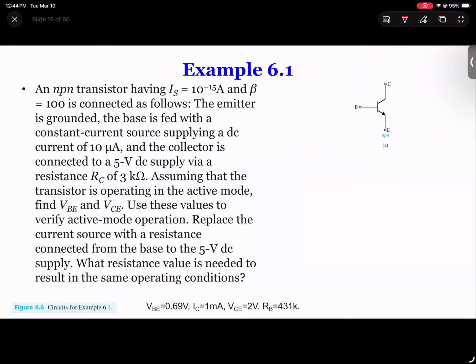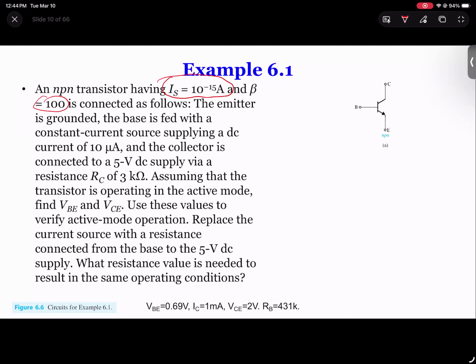Look at the example. An N-type transistor. IS and beta are the two that are given.